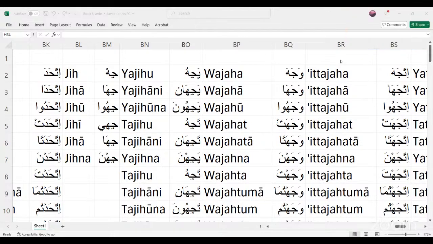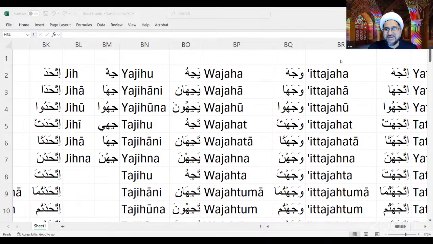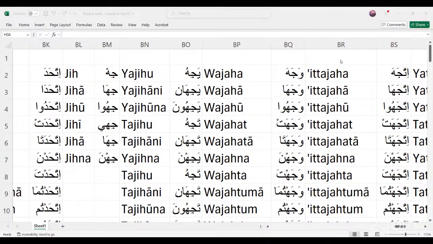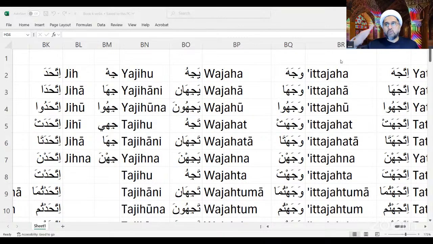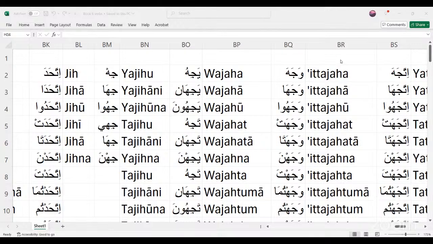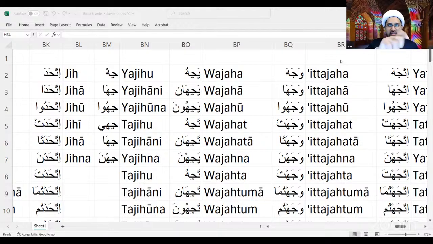Mutawajjih, yeah, mutawajjih. So the wajh means face and mutawajjih means to direct someone's attention towards something itself. Look, that's how the resemblance of the root word with the other meaning goes.